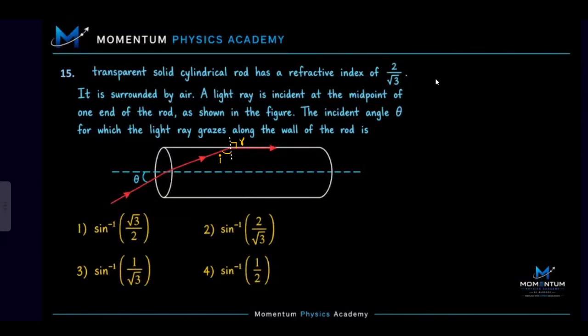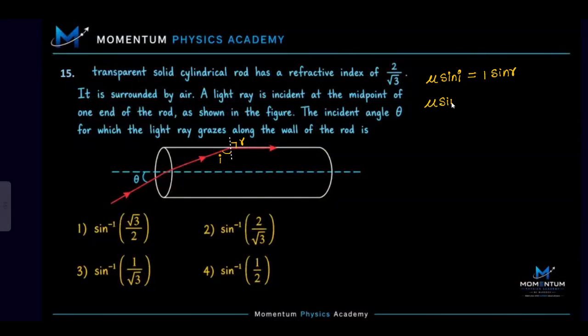If we write Snell's law, this refractive index mu into sine I is equal to, this medium is air, refractive index is 1, into sine R. R is how much now? 90 degrees.